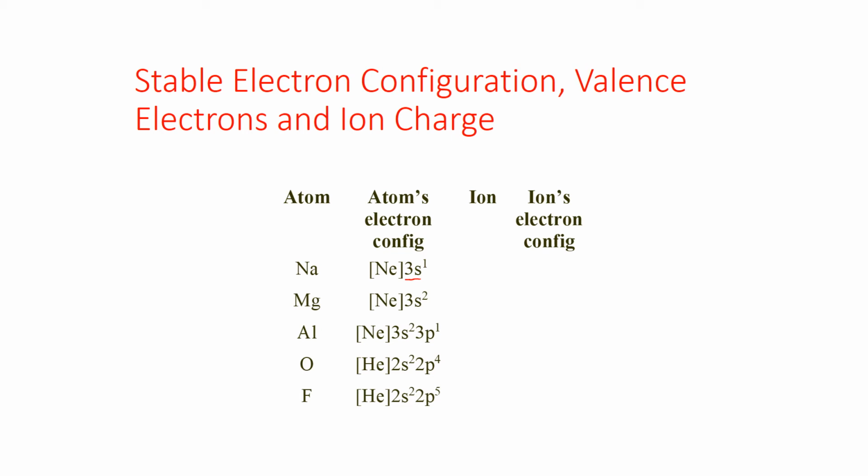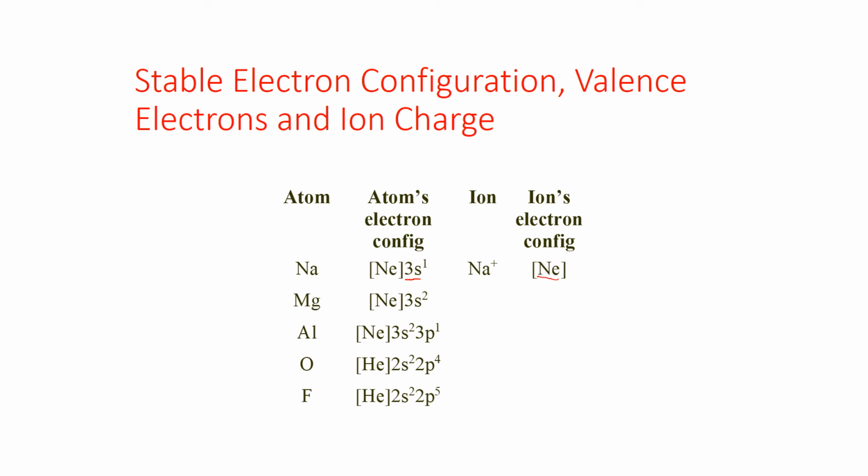The electron they're going to lose is the one on the outside of the atom, the valence electron. So if a neutral atom of sodium loses that 3s1, what's left behind for the ion is the core electrons that have the same electron configuration as the noble gas neon. So the ion electron configuration for sodium is just whatever the electron configuration is for neon, for its core.